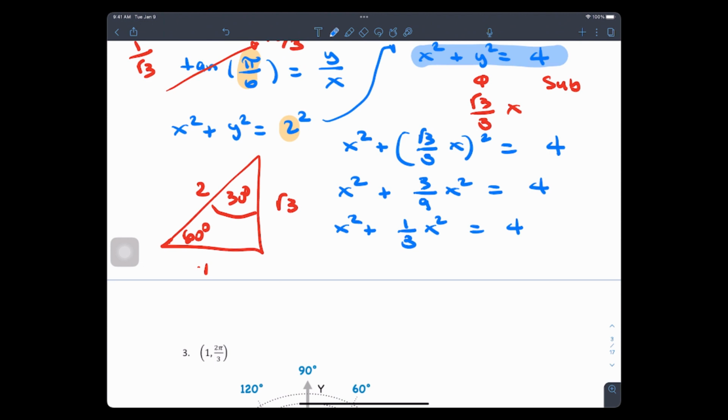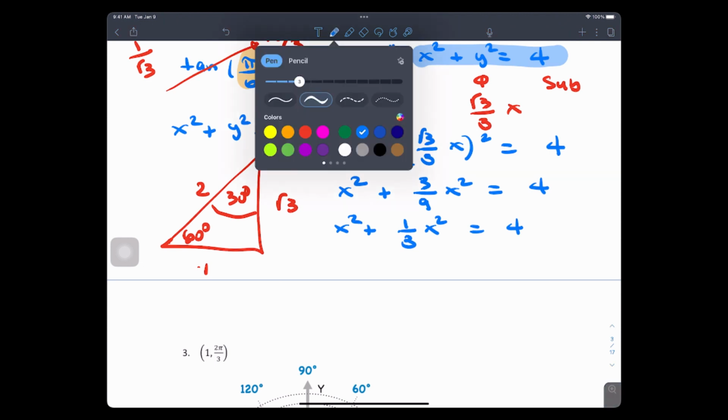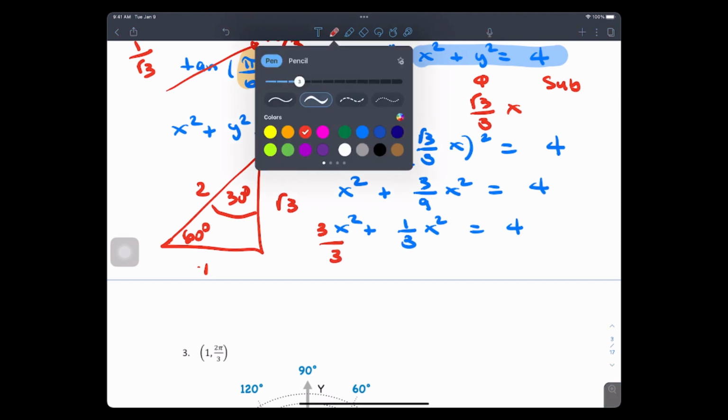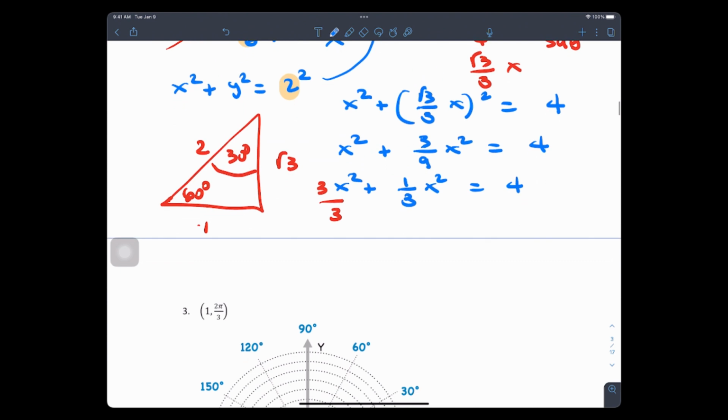All right. So you might say, well, how do I add on the left side? Well, replace that denominator with 3. So this is now 3x squared plus 1x squared over 3 is 4.